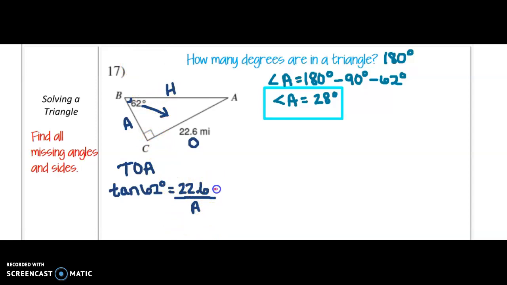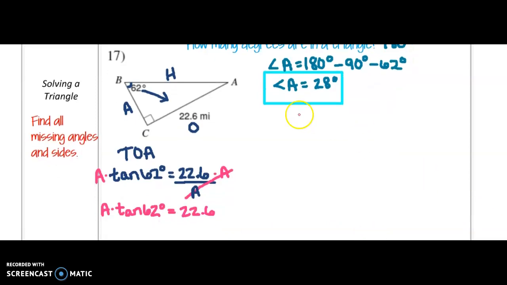Again, we'd want to multiply both sides by A to get A out of the denominator. And that would cancel this out. So we'll have A times tangent of 62 degrees equals 22.6. So we're very close to getting side A, which is our adjacent.